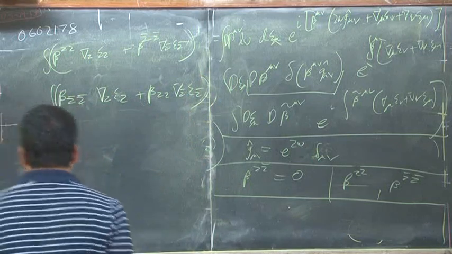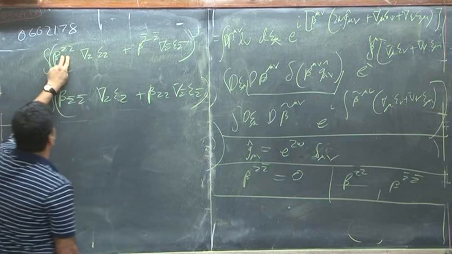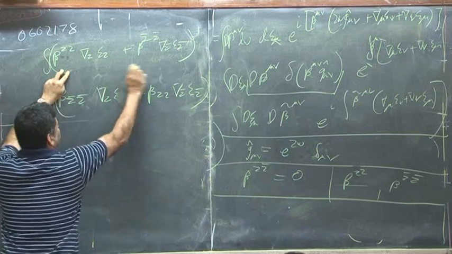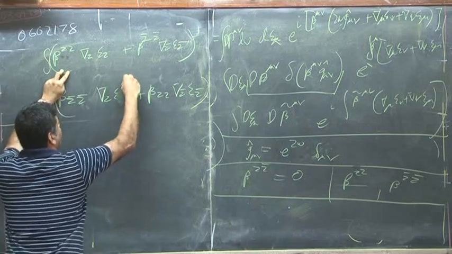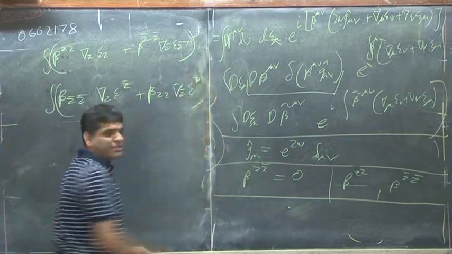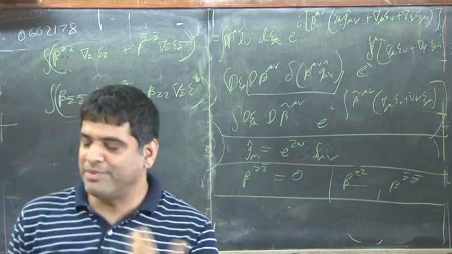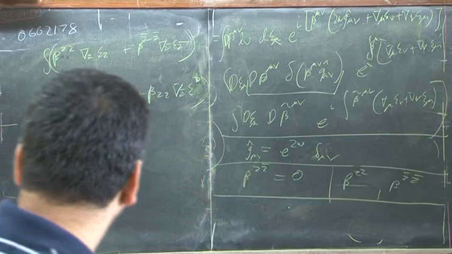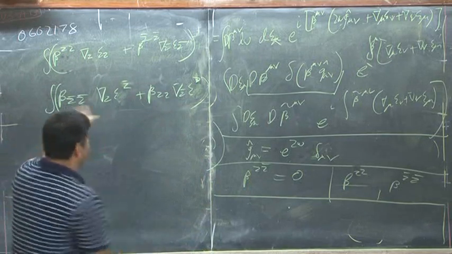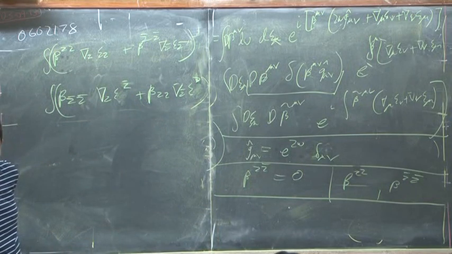All I've done is take this guy and lower the index, up to potential factors of 2 and square root 2 that I'm not keeping track of. Its quadratic action means we normalize everything so that we can set the factor to whatever. This is our eventual action. Is this clear?